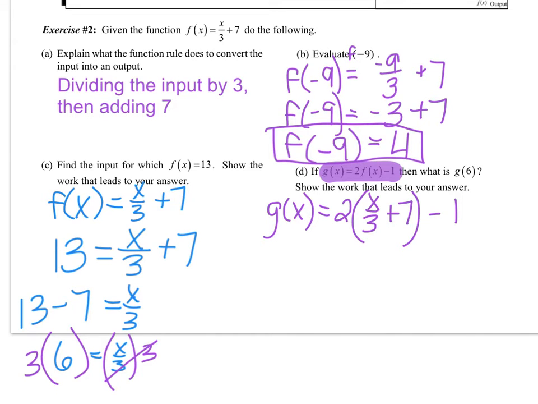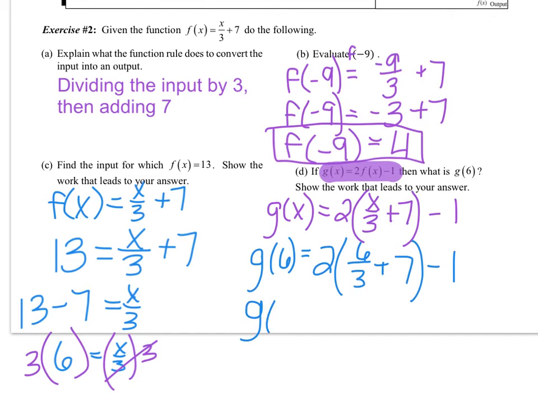Now I don't have 2 weird function notations in here. Now it's asking us to evaluate g of 6. So g of 6 means that whenever I see an x, put in 6. And I only see it one time. And I copy paste everything else.